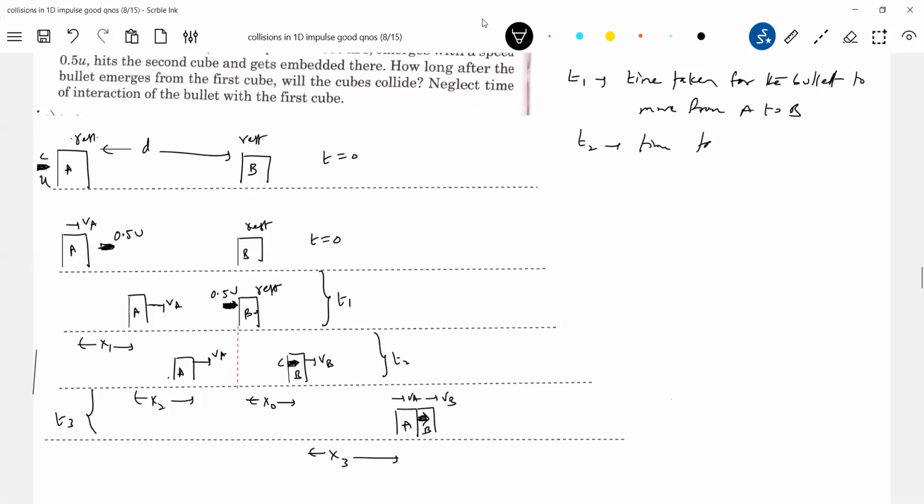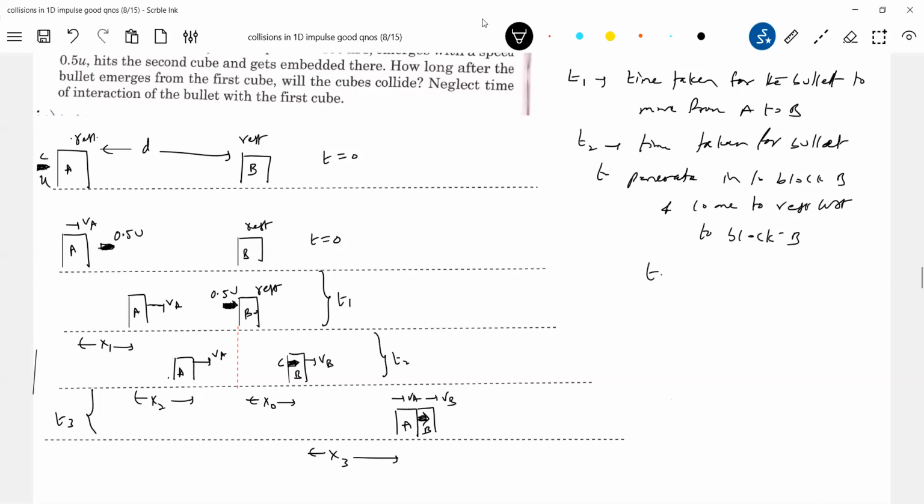T2 is the time taken for the bullet to penetrate into block B and come to rest with respect to block B. Now what is T3?